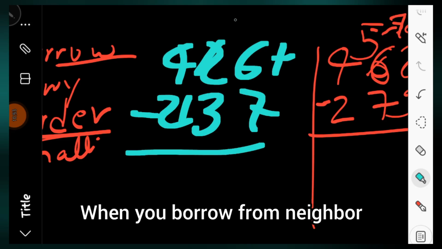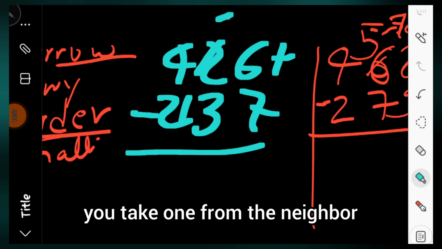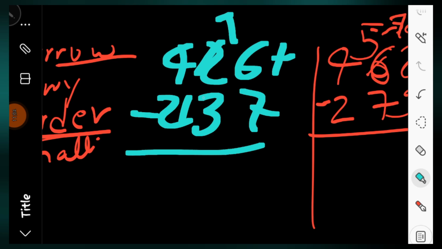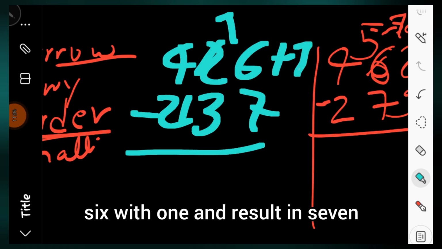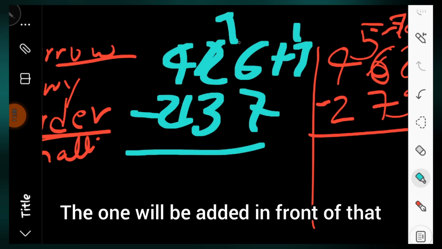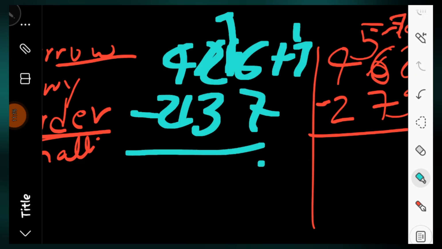When you borrow from a neighbor, you take 1 from the neighbor, and some people get confused and add 6 with 1 and get 7, but that's wrong. The 1 will be added in front of it, so it would be 16 minus 7, which is 9.